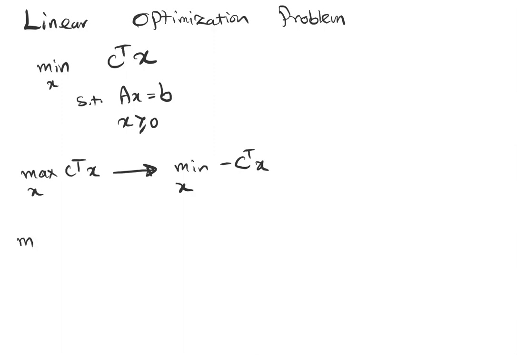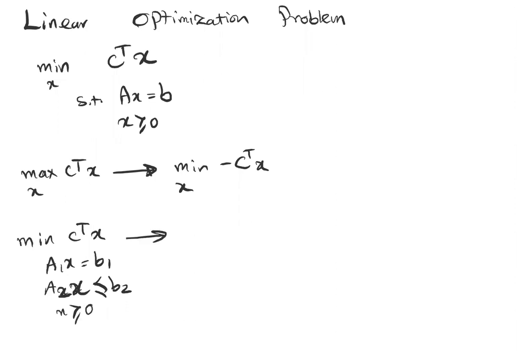Or sometimes we have minimizing C transpose X subject to A1X equal to B1, A2X less than or equal to B2, X's are positive. So in this scenario, we transform this into equality constraint by defining a set of slack variables.